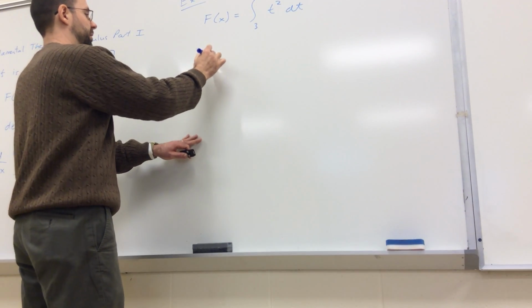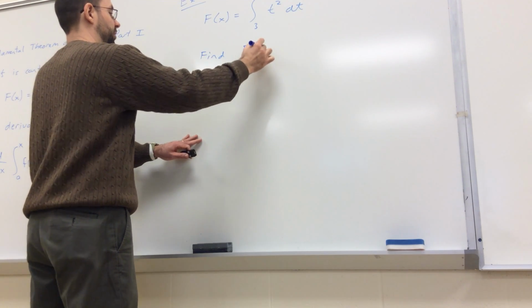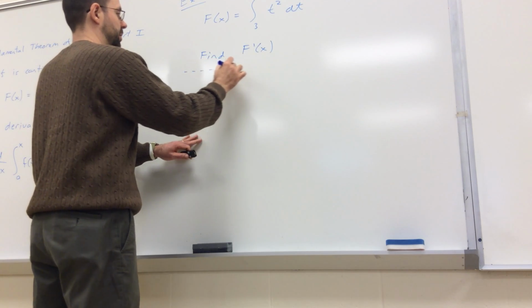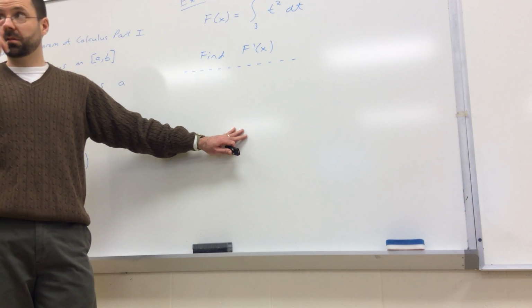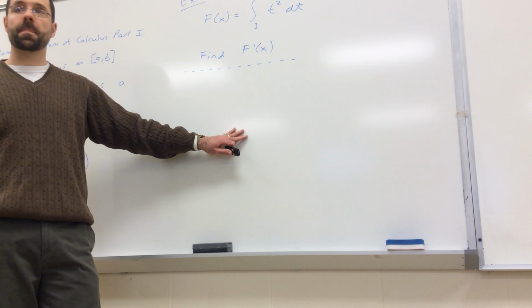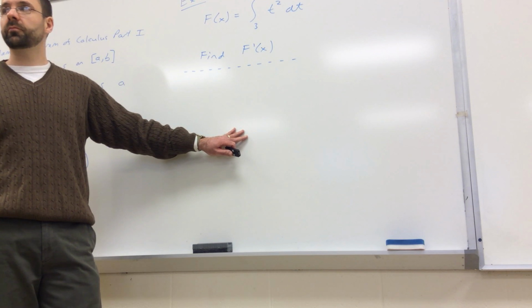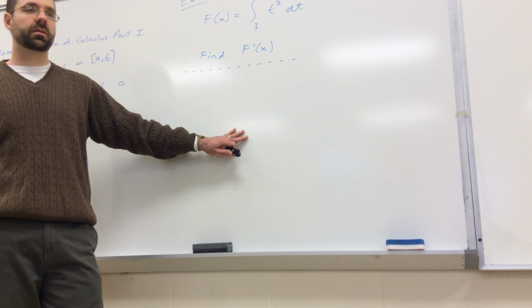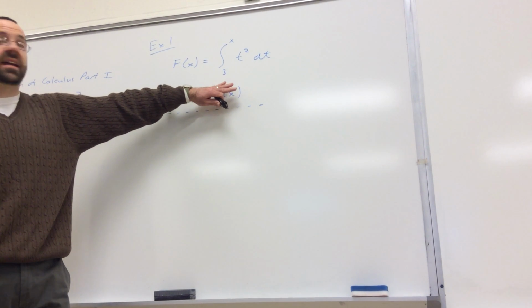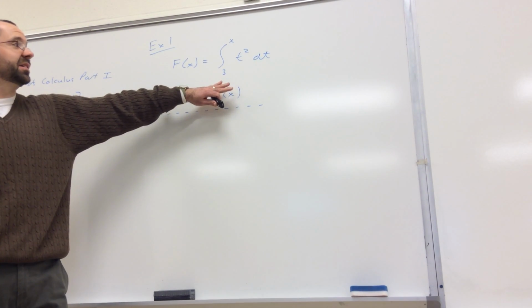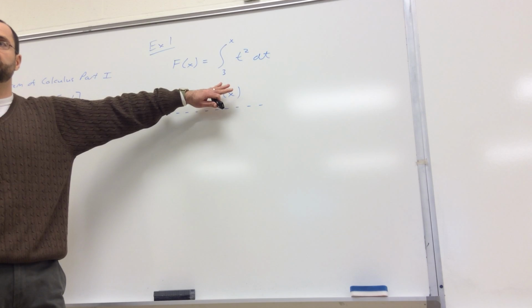And we're going to find capital F prime. So we have this weird function that finds the area from 3 to x underneath t squared.